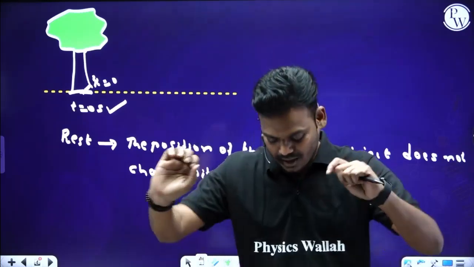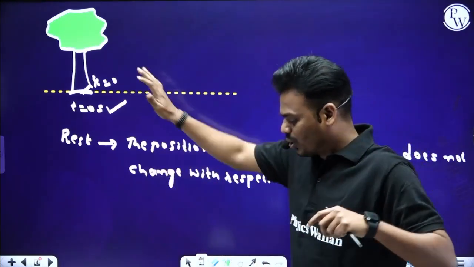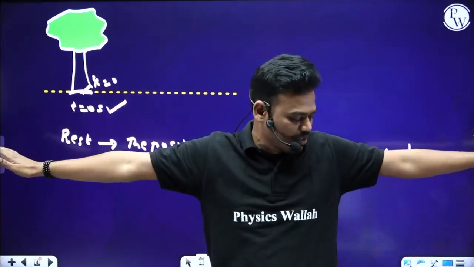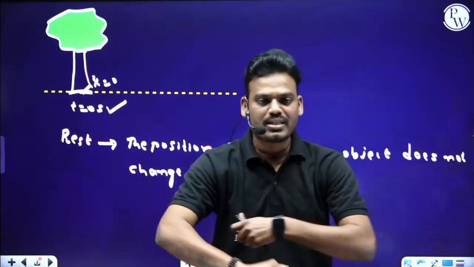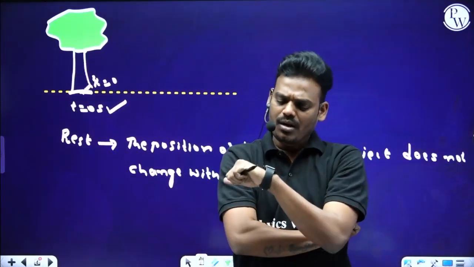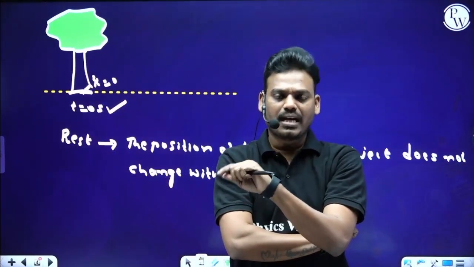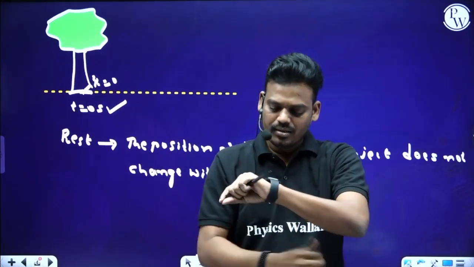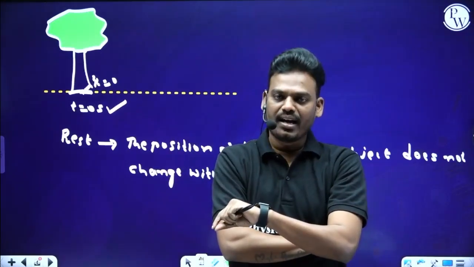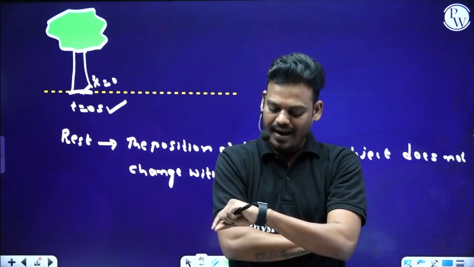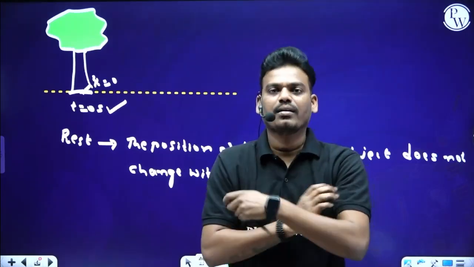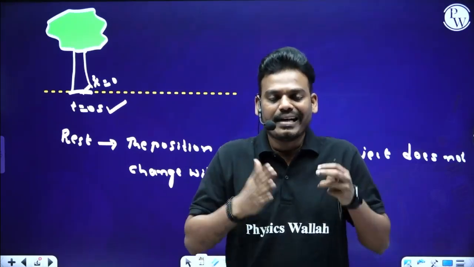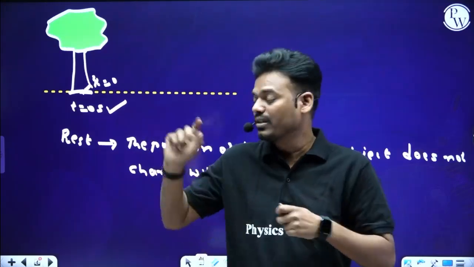Simple. So let's consider myself. With respect to the screen, I'm standing. Let's count the timing. Let's start with 0 second. Let's have a look. 1 second, 2 second, 3 second, 4 second, 5 second, and so on. Did I change my position with respect to the screen?